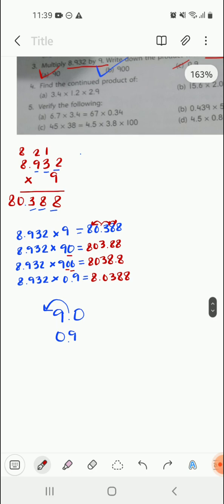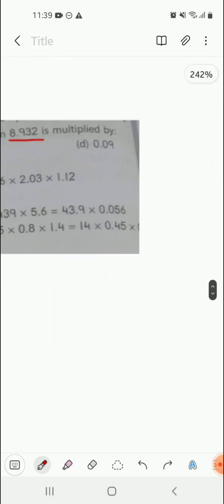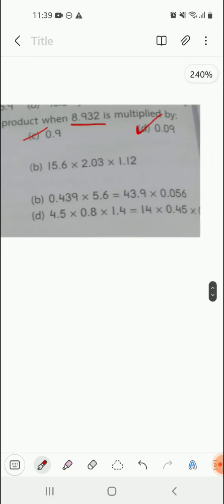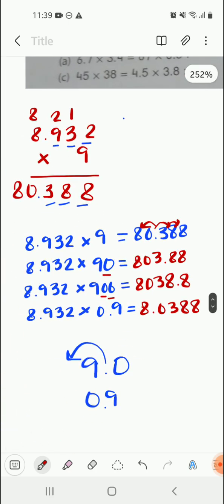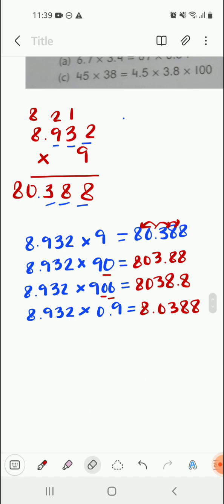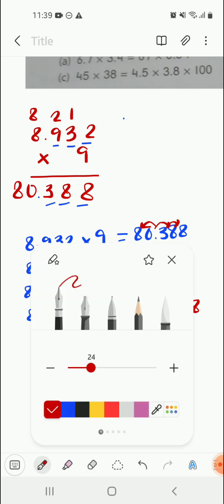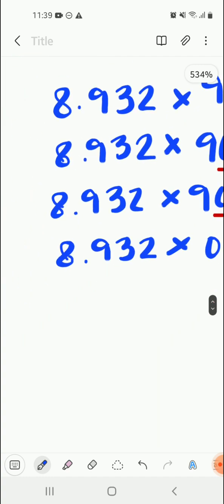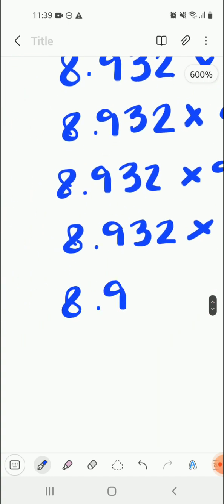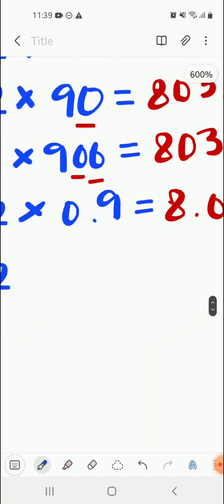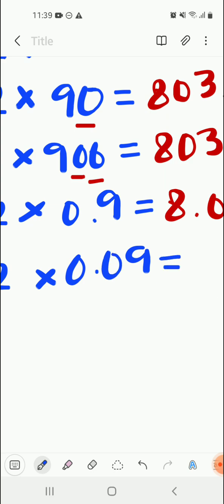Now moving on to the next question, we've got 0.09. So in this case there are two shifts. So let's do this. There are two shifts. So first copy the question. Here it is 8.932 into 0.09. So there are two shifts. Okay.